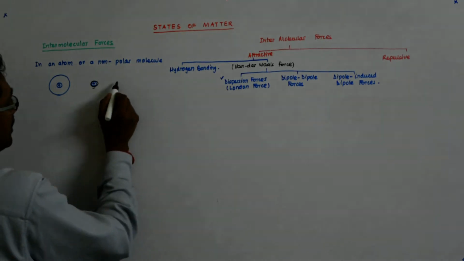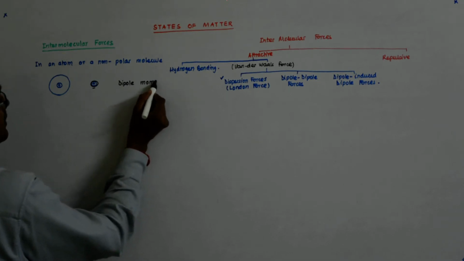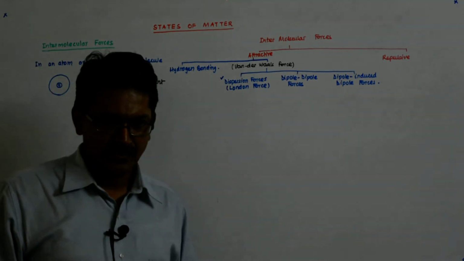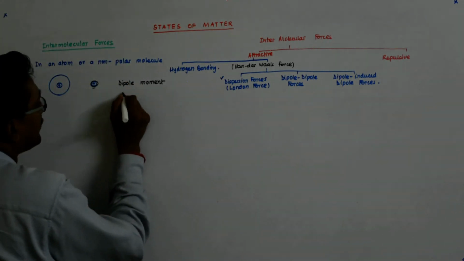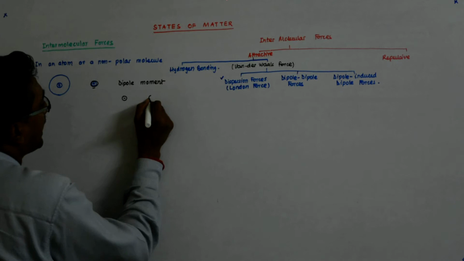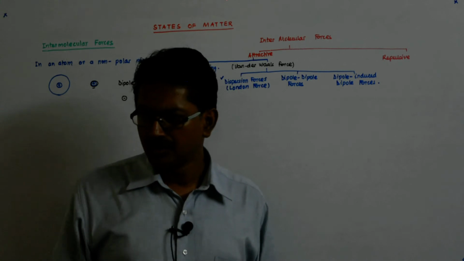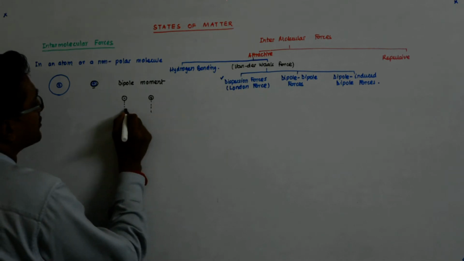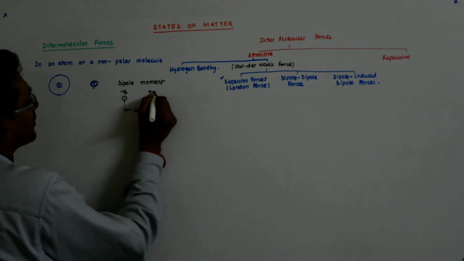Now there is a thing called a dipole moment. Let us try to understand that first, then it will all make sense why we are going into the nitty-gritties of it. What is it? If you have two equal and opposite charges, right now they seem to be point charges, don't worry. Let me first define it. They are separated by a distance of 2a. This is minus q, this is plus q.